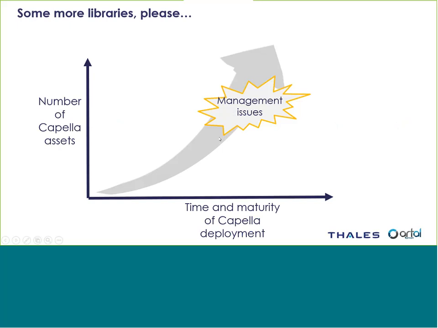And as we have seen in the previous slide, with the one rec for one library feature, it's more than likely that the number of libraries will grow as you deploy Capella and as you grow your number of Capella assets. And if you add the version thing, then there is probably a time when you may have consistency issues with all the dependencies between projects and libraries and so on.